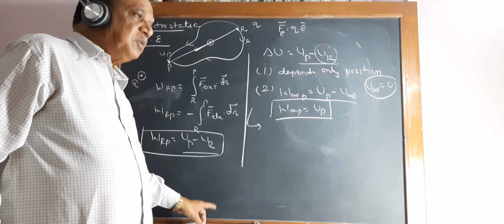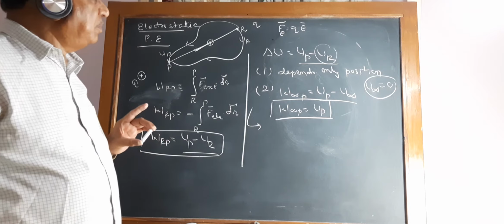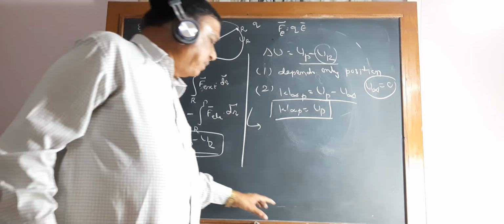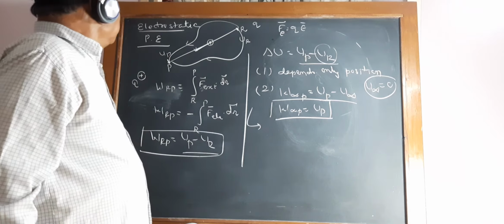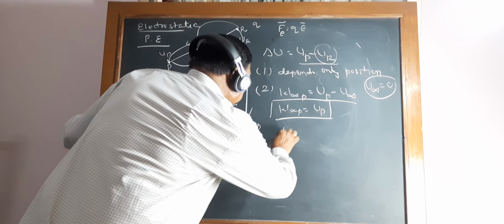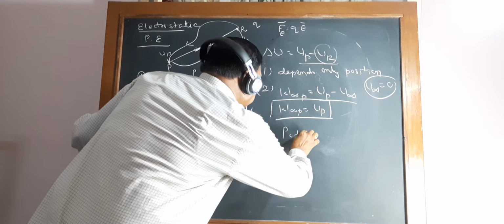So it is nothing but potential energy difference between 2 points. Now we are defining electrostatic potential.